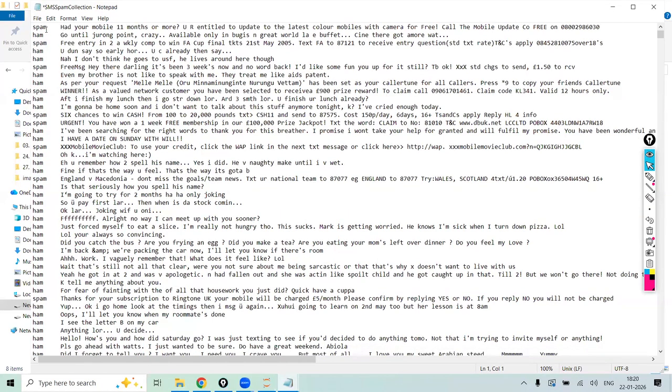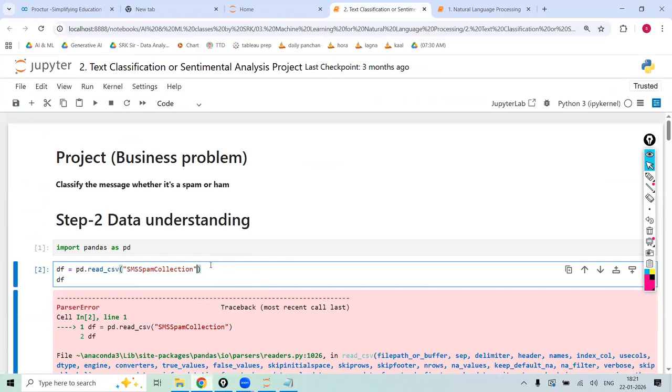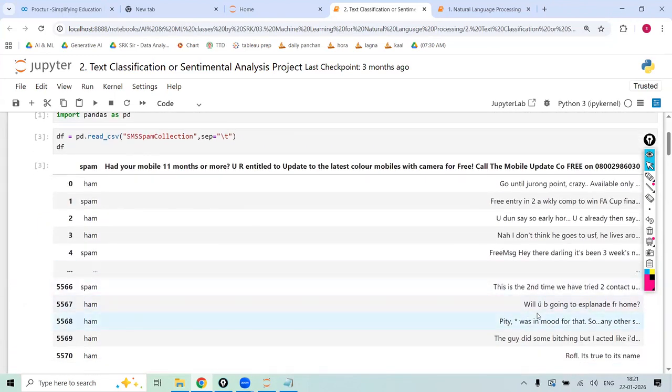So here I'm going to give the separator, sep, equal to backslash t. Backslash t means nothing but tab. So before the tab, consider one column. After the tab, whatever you have, consider as another column.